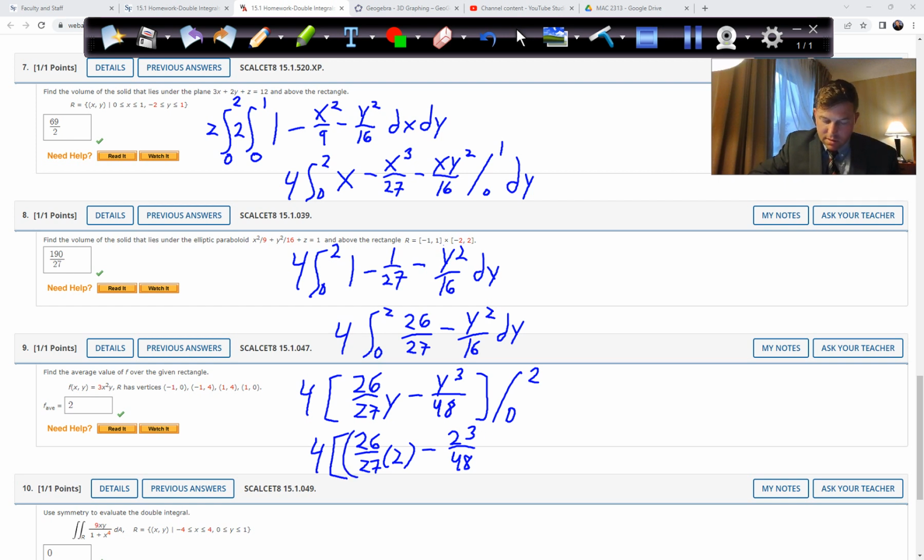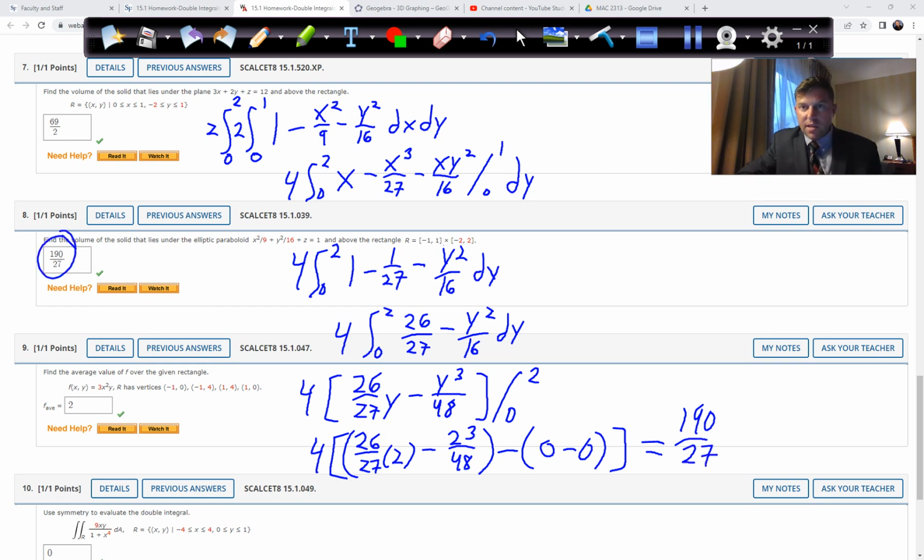And then minus the 0 term, which is going to kill everything off. So it's going to look like that. And if you do this correctly, you will get 190 over 27. And that's problem 8.